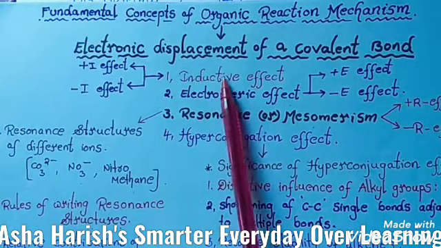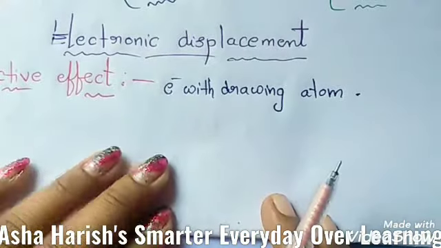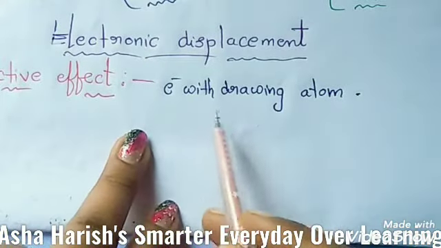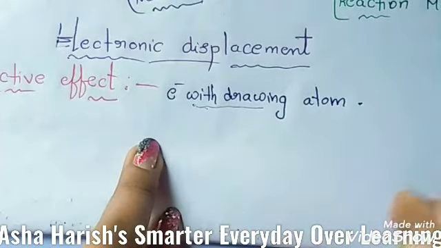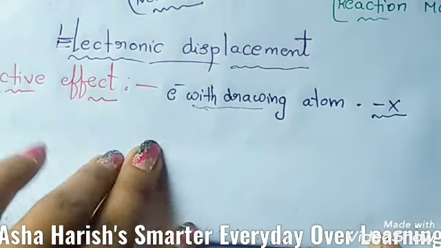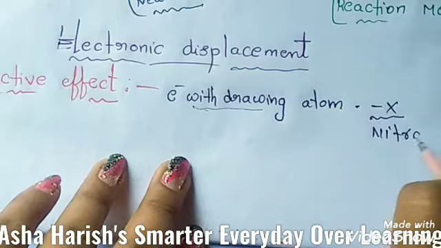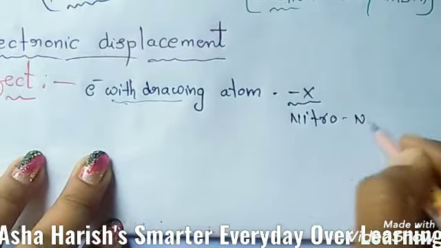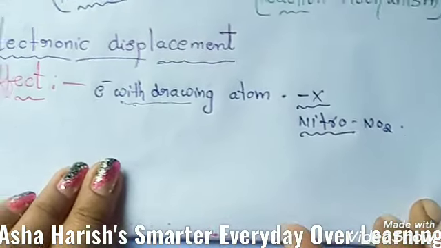The first one, electronic displacement: the inductive effect. Whenever an electron withdrawing atom such as a halogen, nothing but X, or a group such as the nitro group, NO2, is attached to the end of the carbon chain.